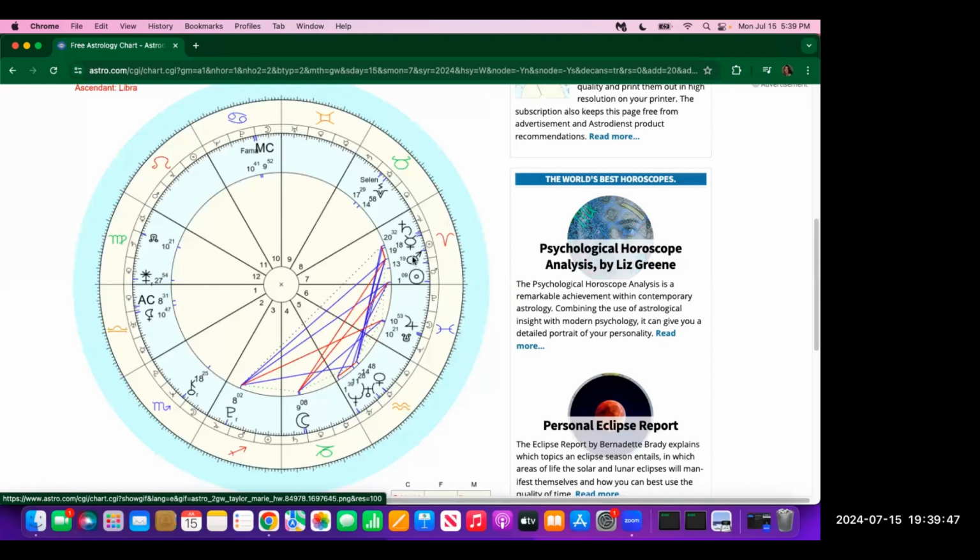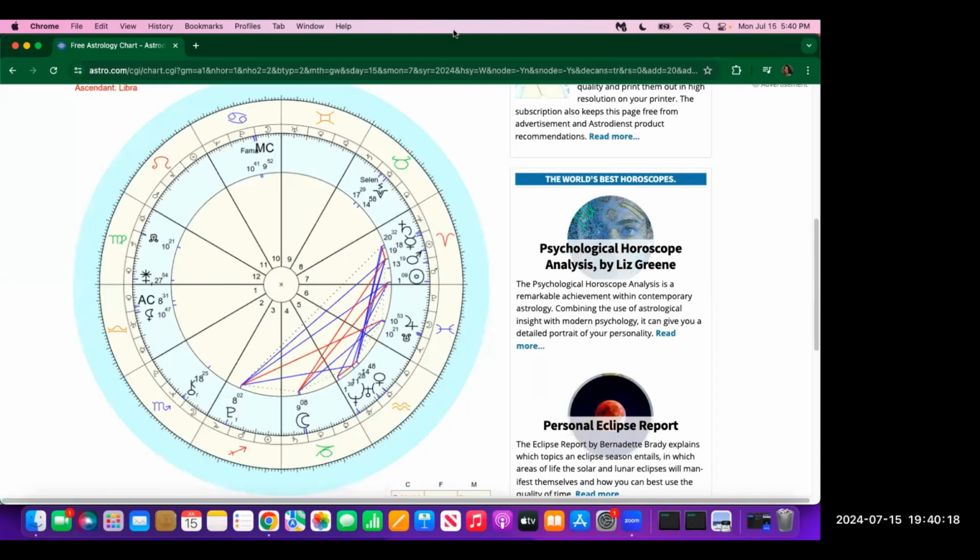So my Mars being in Aries, it's considered home in its sign because it's ruled by that sign, which means that my seventh house, my Aries seventh house, is ruled by Mars. I don't want to lose anybody, so we're going to take it step by step. We're going to rewind. If you have an empty house, that doesn't mean anything bad. It doesn't mean that you don't have a sense of self or you don't have that area of your life. It just means that area of your life is focused elsewhere, not in that area.